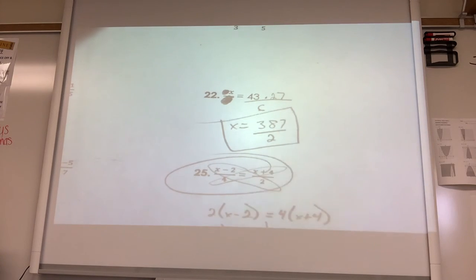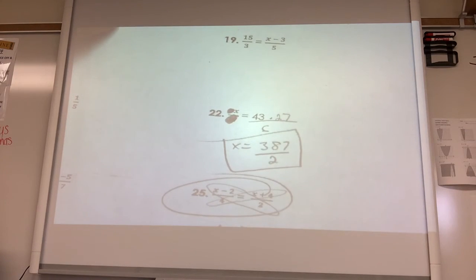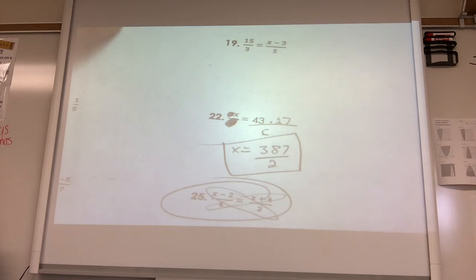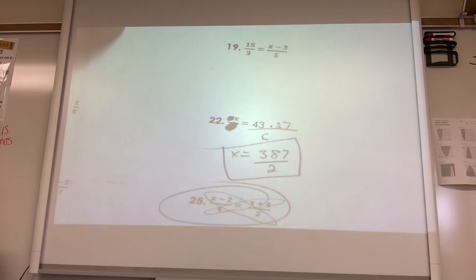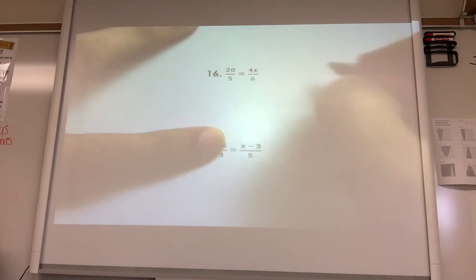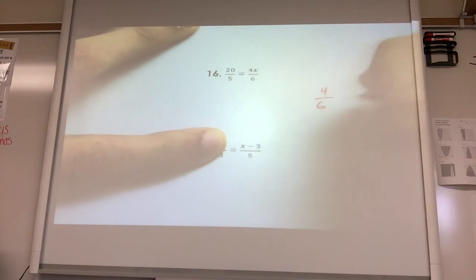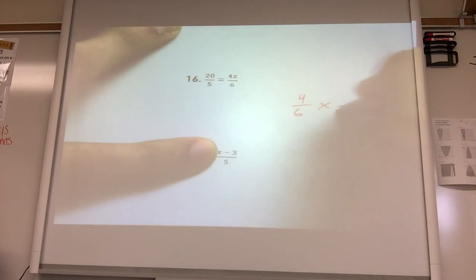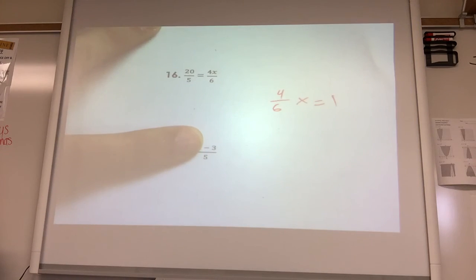But I also understand people in general now in high school have this fear of fractions like crazy. You guys just don't know how to deal with them. Realize a fraction is just like if you have this right here, check this out. I just want you guys to get comfortable with this stuff. 4 over 6 x. That's x times 4 divided by 6. Say that equals 1. How do I get rid of that?